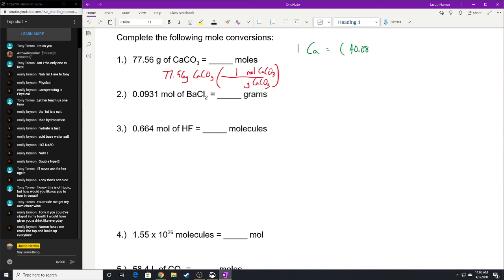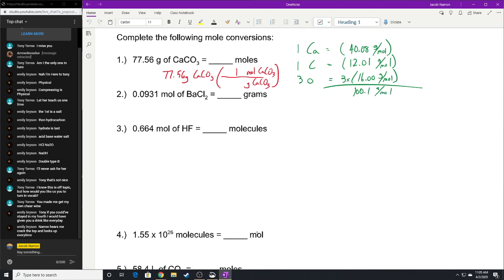And 1 carbon, so that's just 12.01, not multiplying by anything because there's only 1 of them. And then we have 3 oxygens, so 3 times 16. I'm going to add all that together, and I get 100.1 grams per mole.